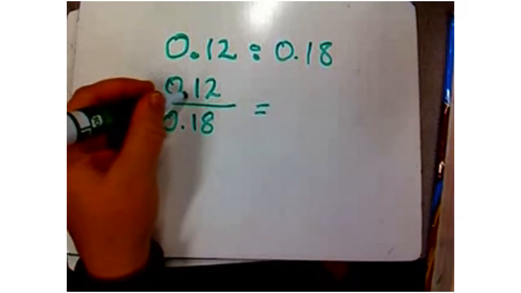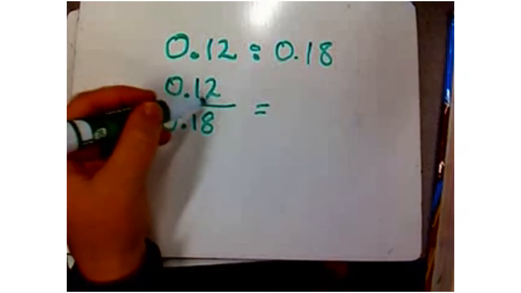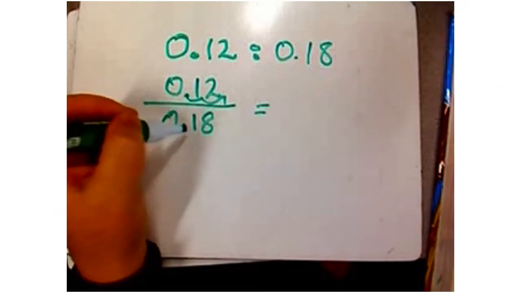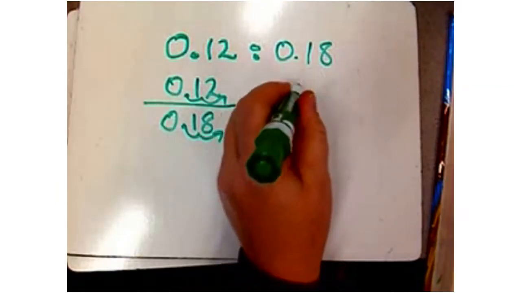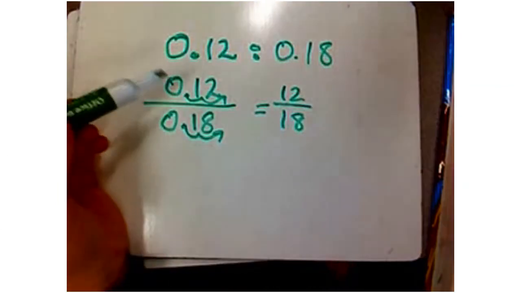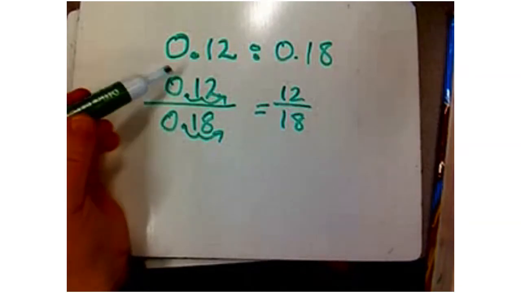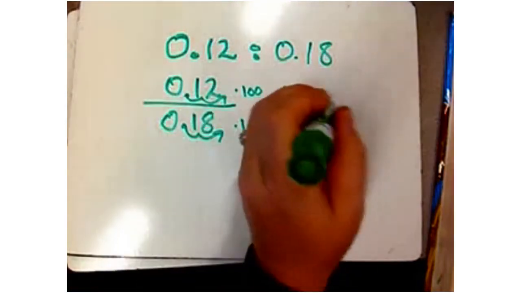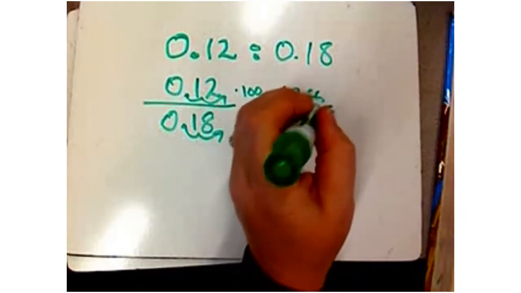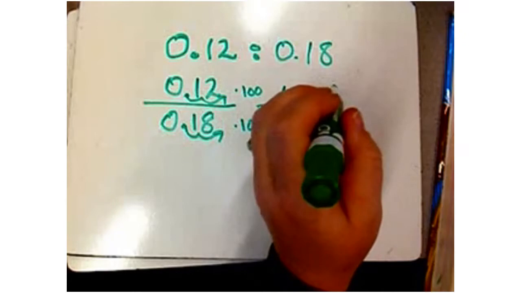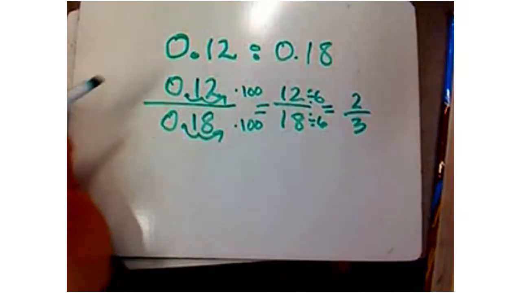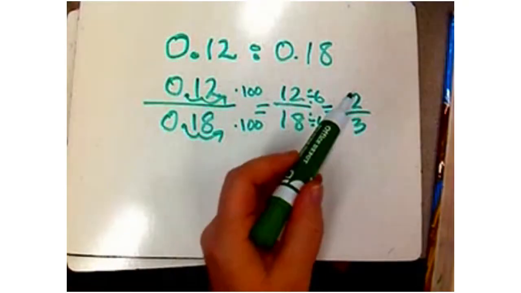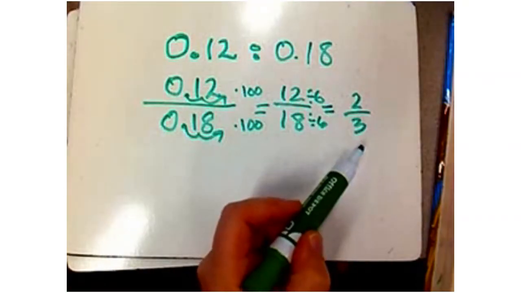So you did this in division land, where you moved your decimal. So you take it and you move your decimal over twice on both of them, and it's actually 12 to 18, the same ratio, because we multiplied both by 100, didn't we? So 12 to 18 could then be reduced by dividing both of them by 6, and it's actually a 2 to 3 ratio. So like 12 cents to 18 cents is the same as 2 cents to 3 cents, right?